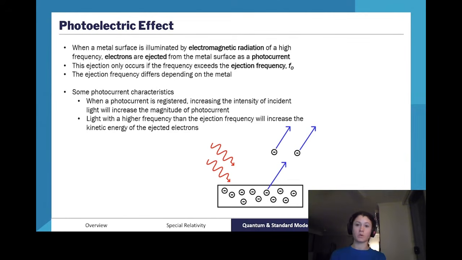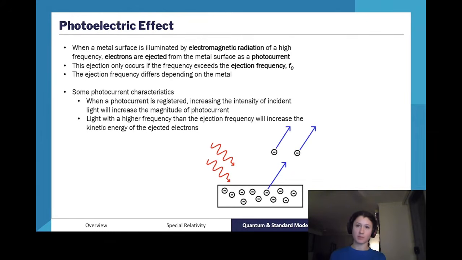So, we observe some things about this experiment. Firstly, when a photocurrent is registered, increasing the intensity of light will increase the magnitude of photocurrent. So, the intensity is essentially how bright the light is, how much light there is.